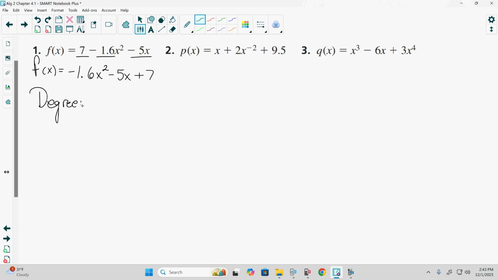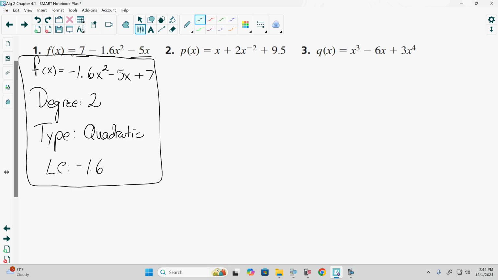What would our degree be? 2. Type. Leading coefficient. Negative 1.6. And that's it.